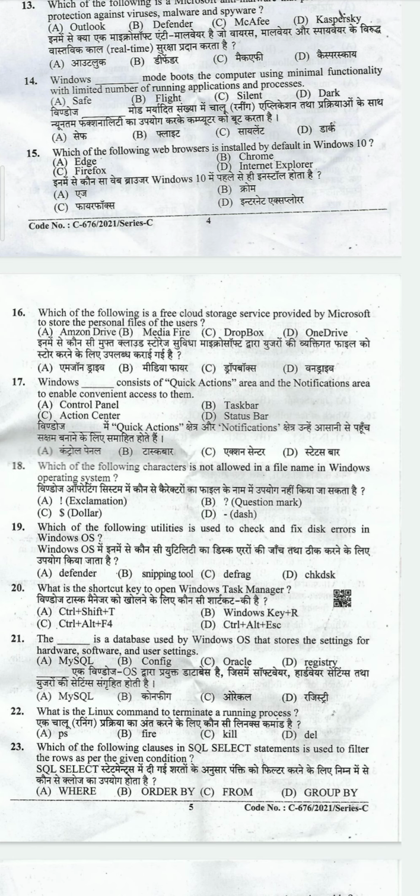The answer to this question is option D, chkdsk. Question 20. What is the shortcut key to open Windows Task Manager? The answer to this question is option D, Control plus Alt plus Escape key.